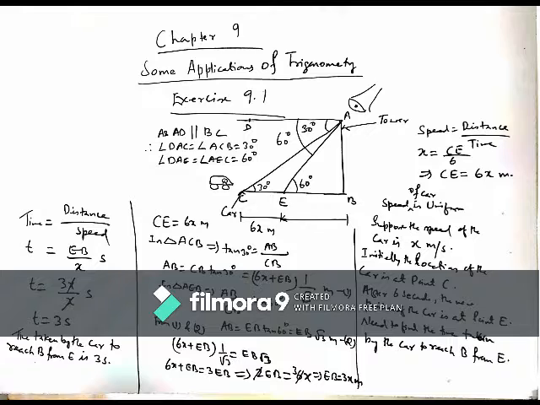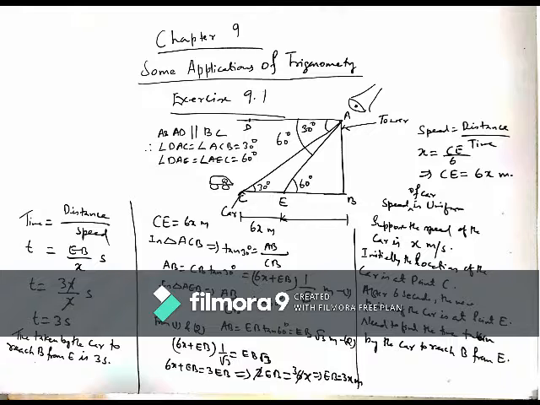The car has traveled from C to E and it has taken 6 seconds for that travel. We know the concept of speed: speed is equal to distance by time.